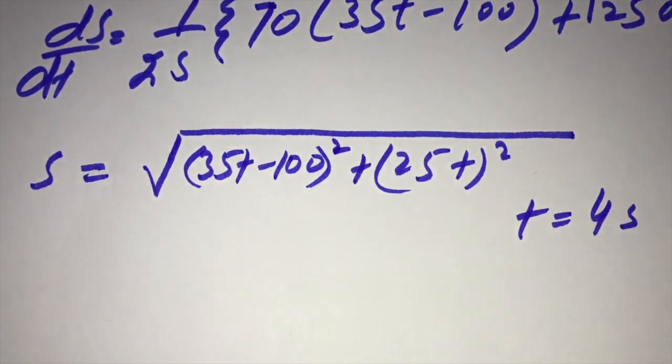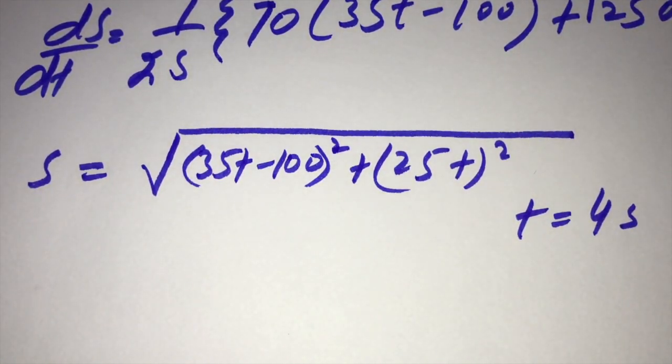Now put t is equal to 4, because it is mentioned in the problem that at noon the ships are sailing at those positions, and we have to find the speed between the two ships at 4 p.m. So we take noon as t is equal to 0 and 4 p.m. as t is equal to 4.